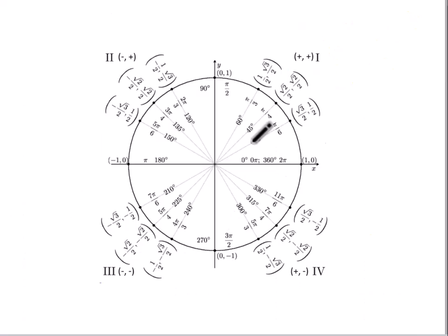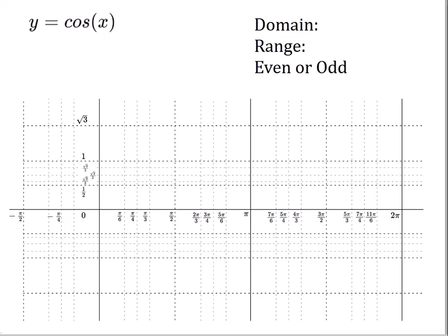Now we're going to think through horizontally, so now we're looking at the x values, and this one is going to start at 1. Let's graph cosine as well. We'll do this in a different color. Here, cosine is going to start at 1, and then we're going down from here. Same numbers, but they happen in different locations.